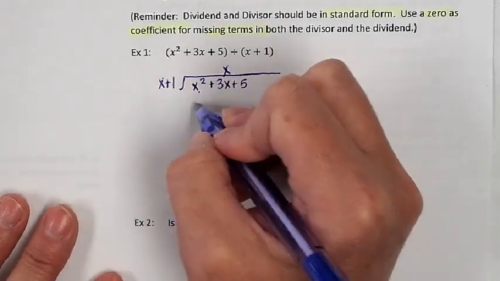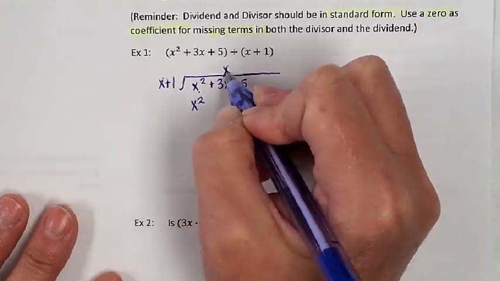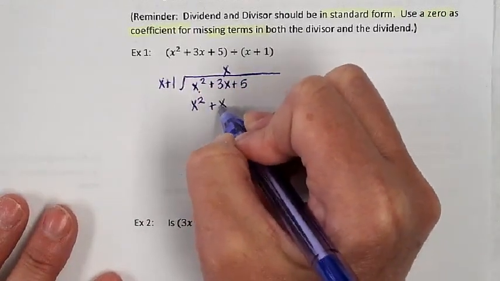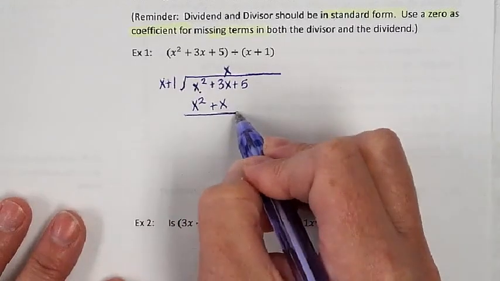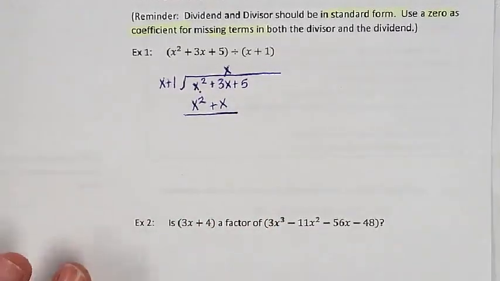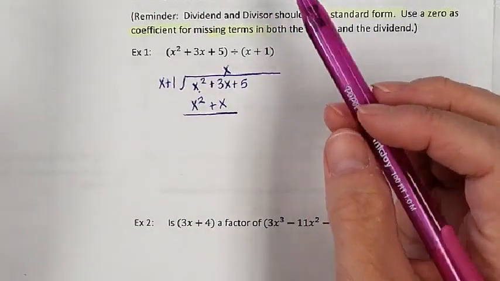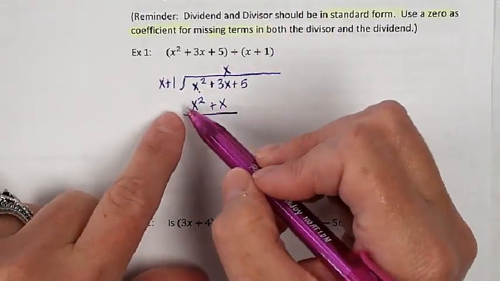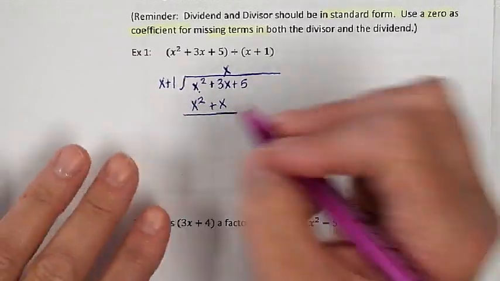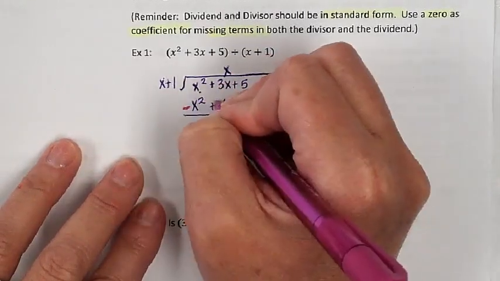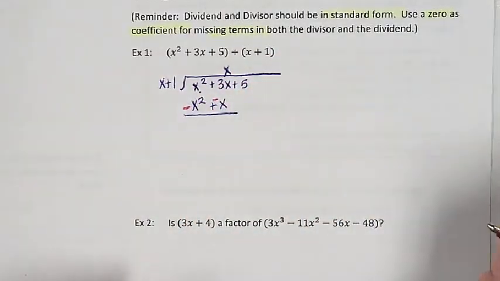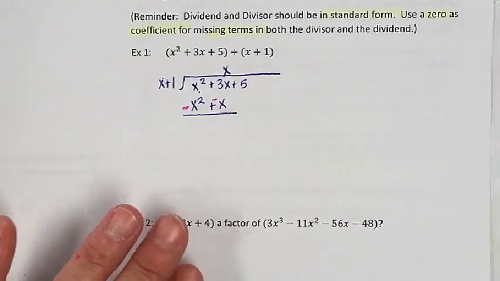So x times x is x squared. X times 1 is x. Now, just like we did above, we have to subtract. I need to subtract this entire thing, so we're going to just change the signs. So it's going to be negative x squared and a negative x.